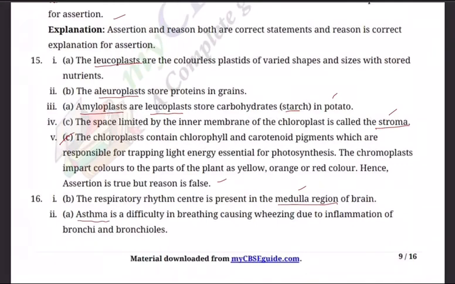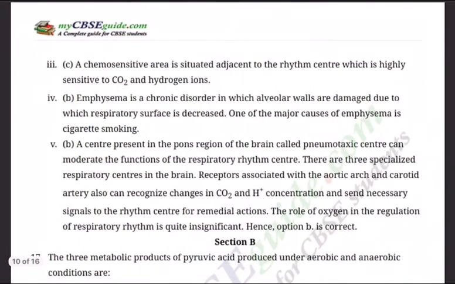Dash is a difficulty in breathing that causes wheezing. Asthma is difficulty in breathing. Question 3. A chemosensitive area situated adjacent to the rhythm center is highly sensitive to CO2 and dash ions, of course hydrogen ions, that is protons.